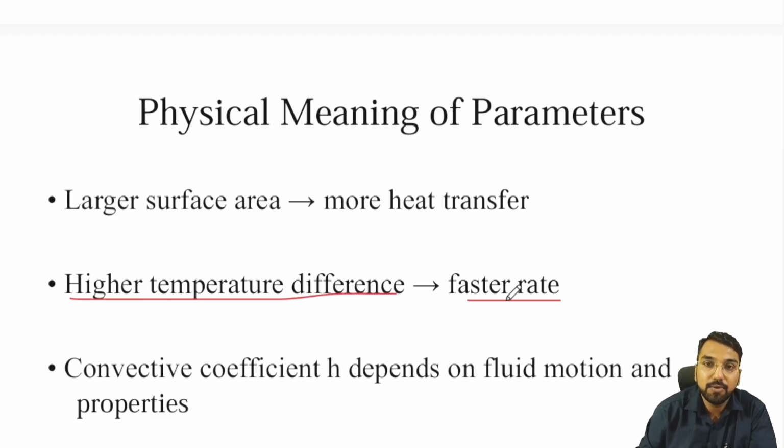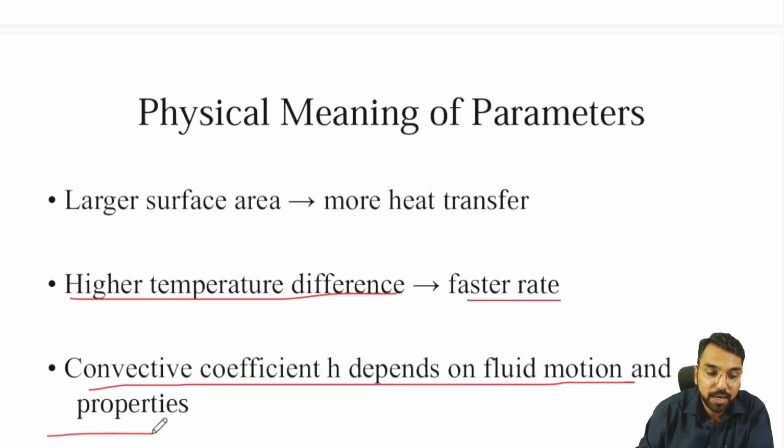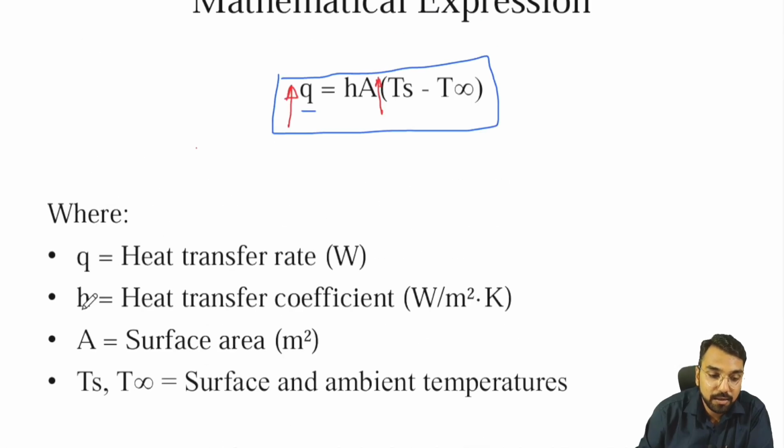Two slides before, I explained that if the temperature difference between the object and the ambient air or ambient fluid is more, then there is more chance of a faster rate of heat transfer. The convective coefficient H depends on the fluid motion and properties. Here H is the convective heat transfer coefficient, which mostly depends on the ambient fluid temperature, its properties, or its stable conditions.